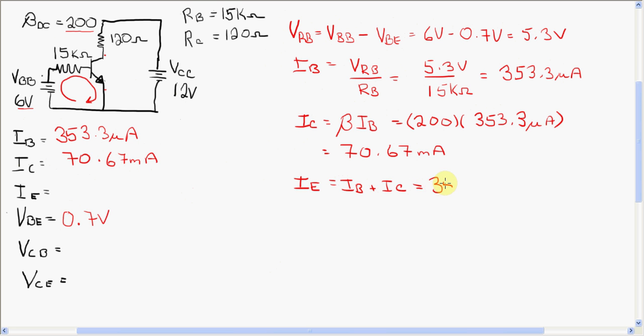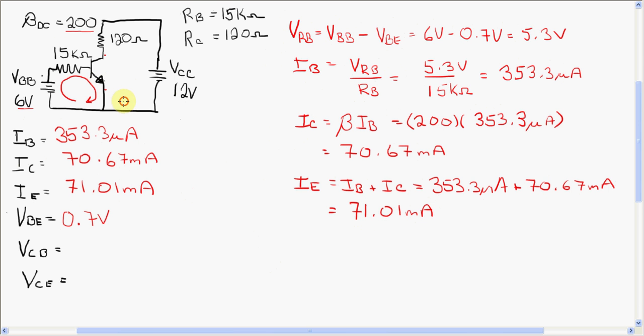The base was 353.3 microamps, and the collector was 70.67 milliamps. So the emitter current is the sum of the two, which is 71.01 milliamps. So we've now solved for all of the currents in this loop.